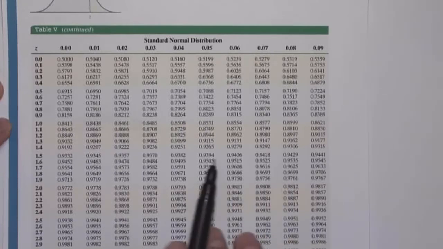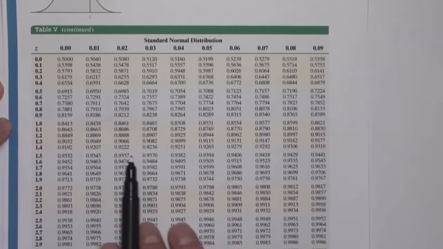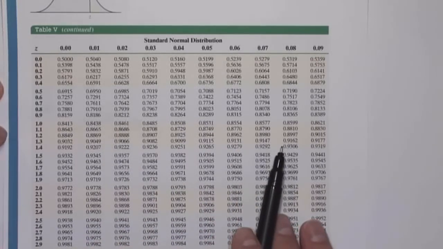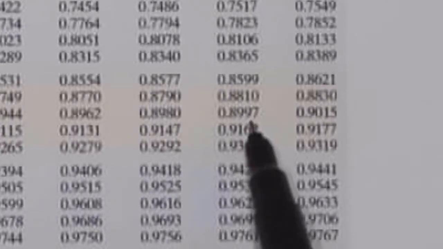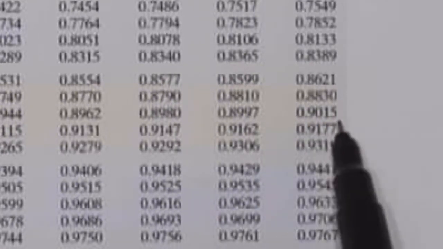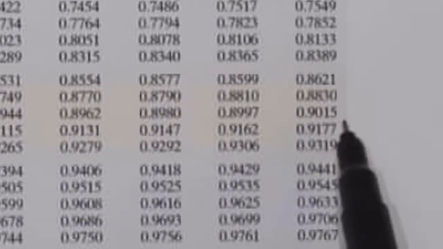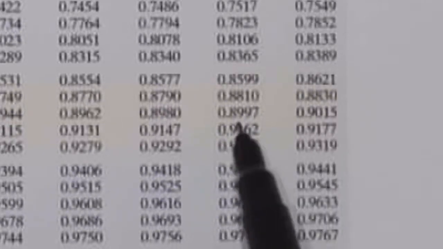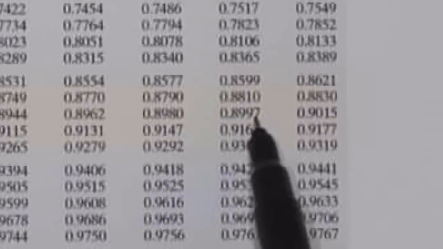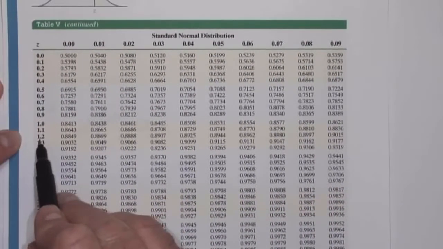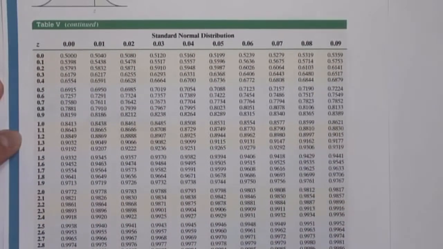So I want to find in the guts of the table the area of 0.9000 or the closest thing to it. So here we have 0.8997 and 0.9015. So 0.9000 is between those two values, but it's closer to the 0.8997. So that matches up with a z-score of 1.28.